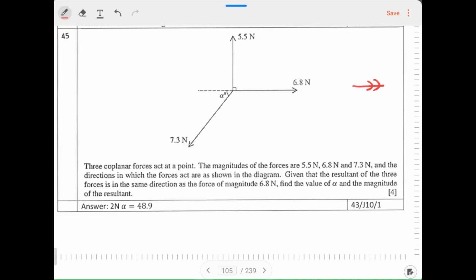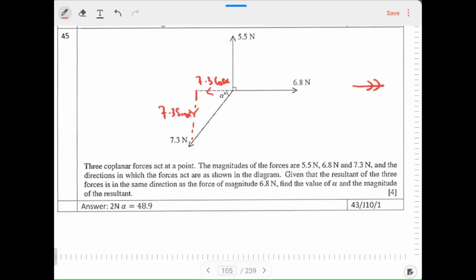Since there is a movement, it's a clear indication once again that equilibrium conditions are not being applied. So horizontally equilibrium conditions are not being applied, vertically equilibrium conditions are prevailing. So I need to find alpha and magnitude of the resultant. So what I'll do is I'll resolve this force. This will be 7.3 cos alpha and this will be 7.3 sine alpha.